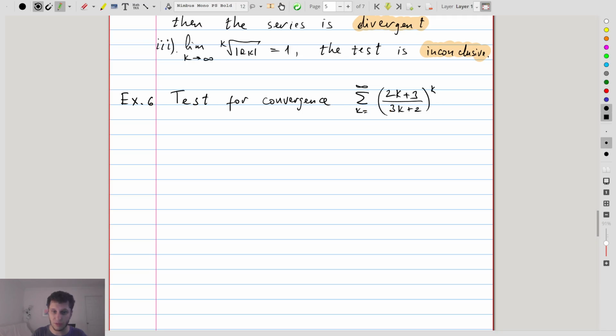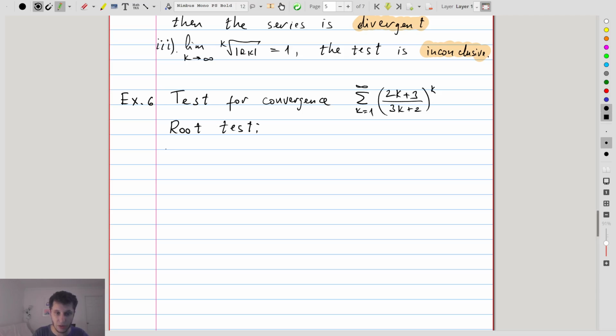Then specifically for such cases, you have the root test. You could in principle apply a ratio test, but it would be significantly more troublesome.